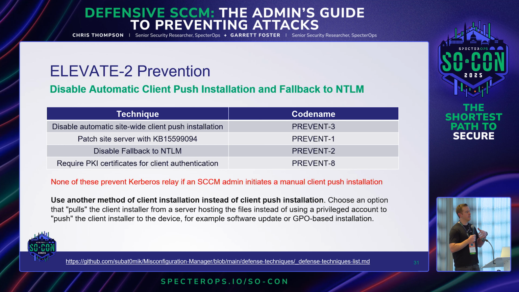So really, the recommendation is to move away from this technology and use another method of installing the client, one that pulls the client software from a server rather than initiate a connection to that device with a privileged account. So an example of this would be software update based with like WSUS, or GPO based installation of the client software.